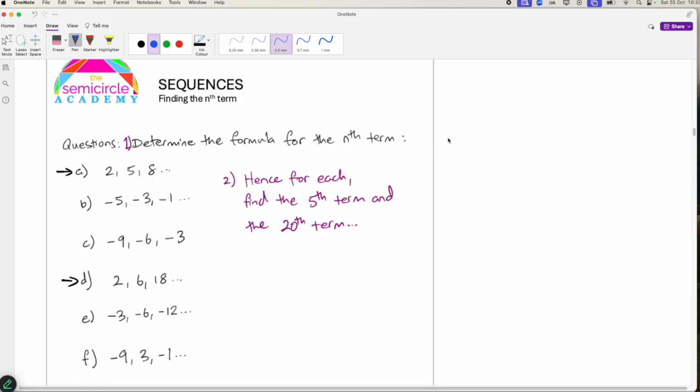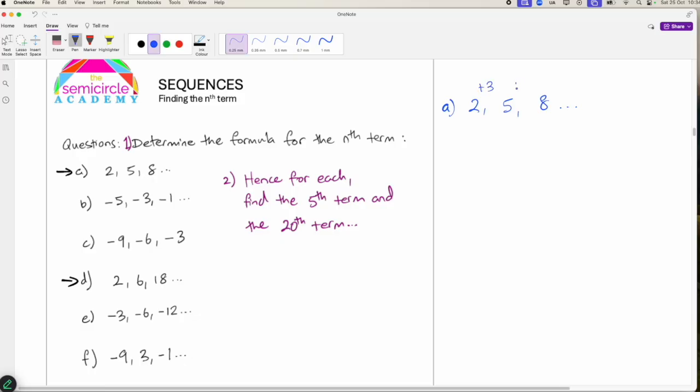So for part A, I have this sequence here: 2, 5, 8. Can we recognize any kind of common difference or common ratio? Yes, plus 3.